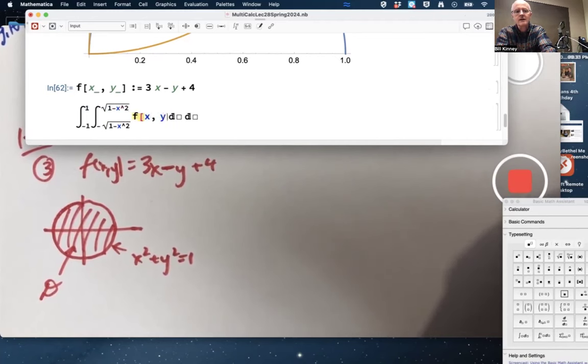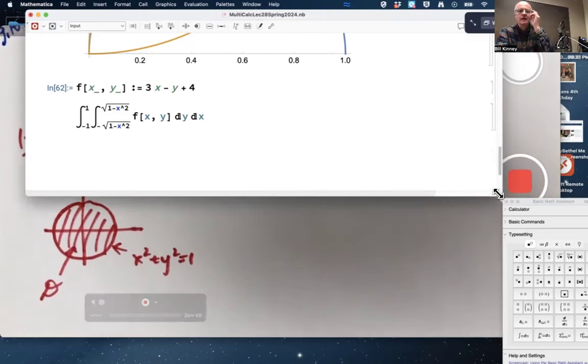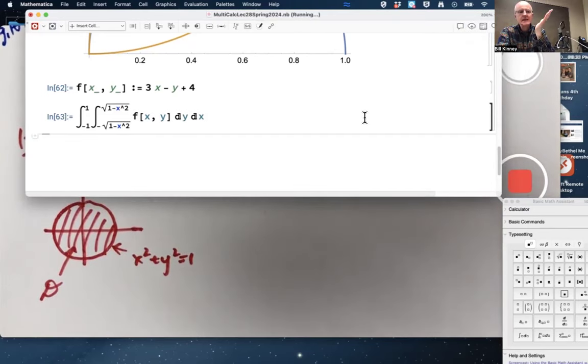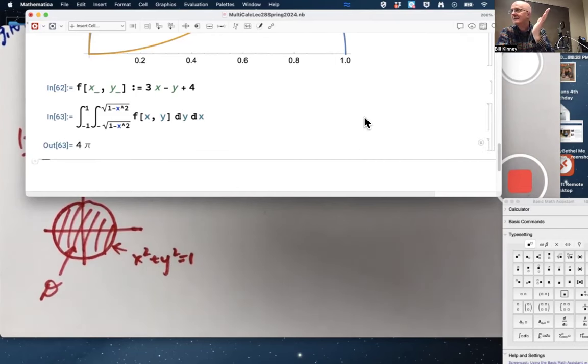F of x y dy dx. That would be the integral you would do, and the volume, the answer is going to be 4 pi. 12.57 or something like that.